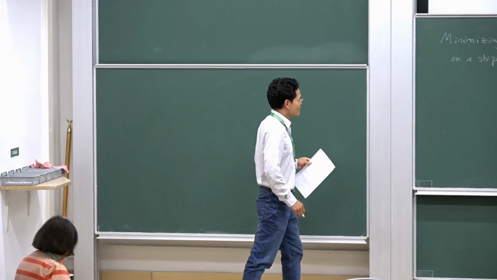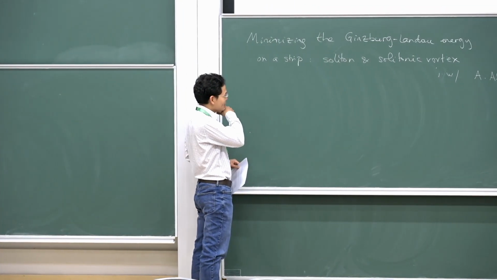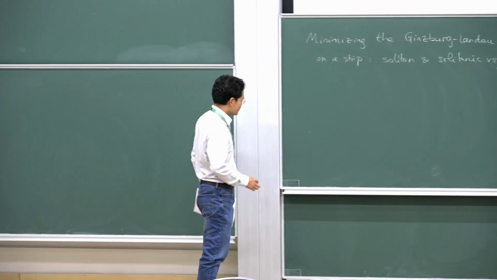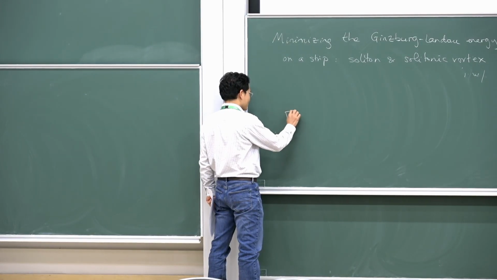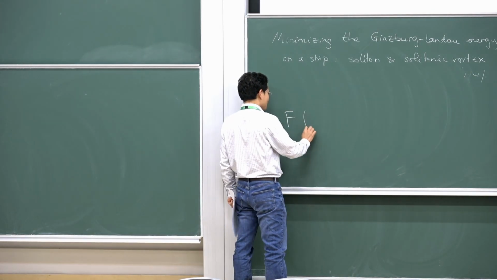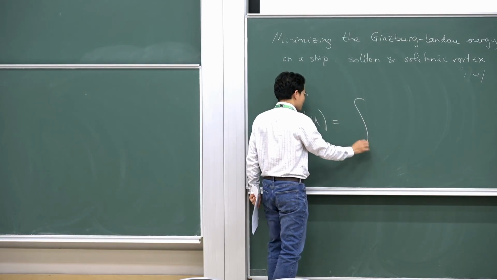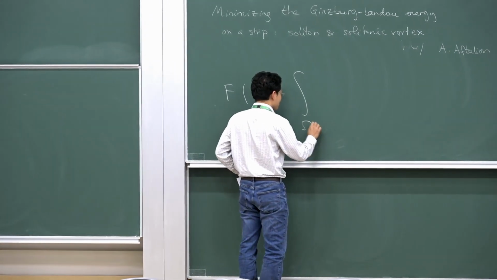Okay, so I'm going to talk about some recent joint work with Amadei and Natalio. I will look at this functional, which I would call F of U, on some domain omega.